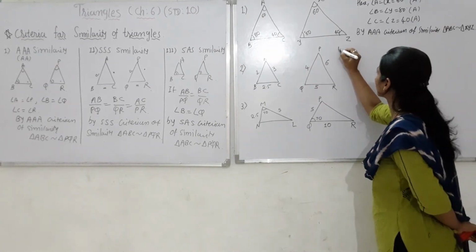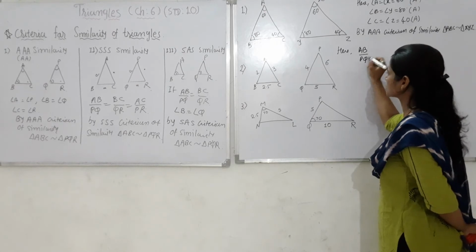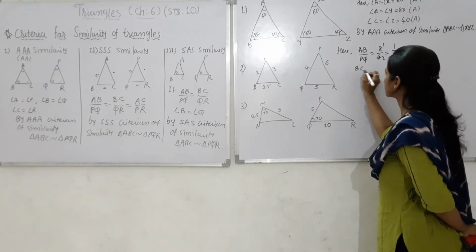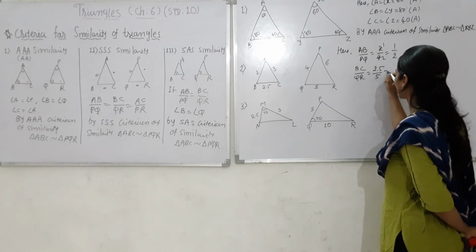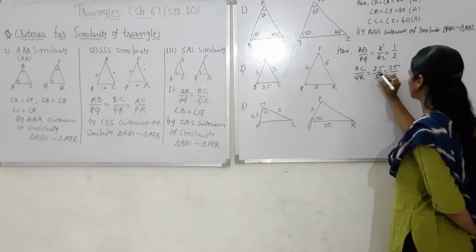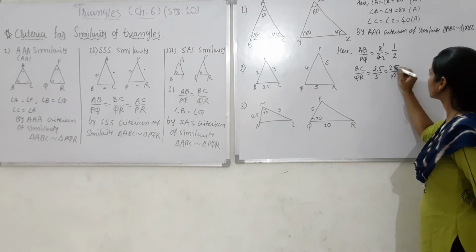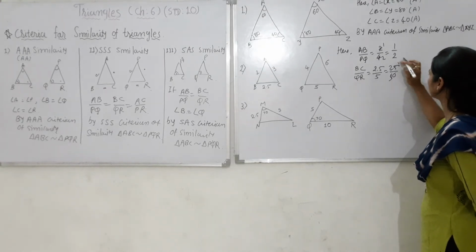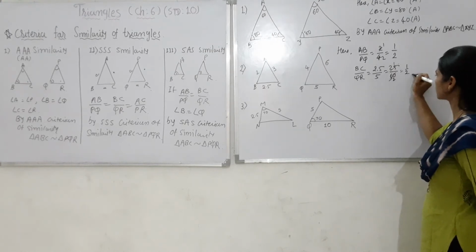So you can write here AB upon PQ is equal to 2 upon 4, which is equal to 1 by 2. BC upon QR is equal to 2.5 upon 5. To remove the decimal, multiply by 10 in the division, so 25 upon 50. 25 1s are 25, 25 2s are 50, so this is 1 by 2.